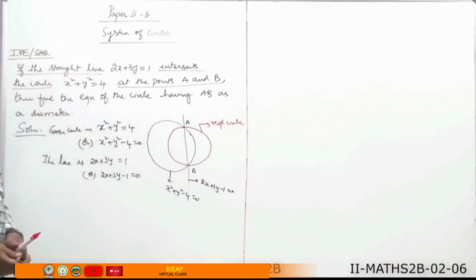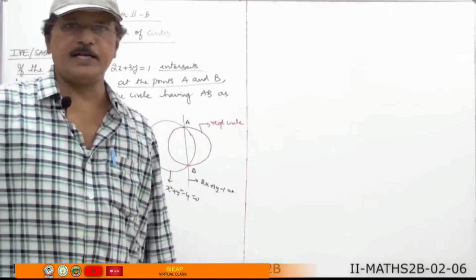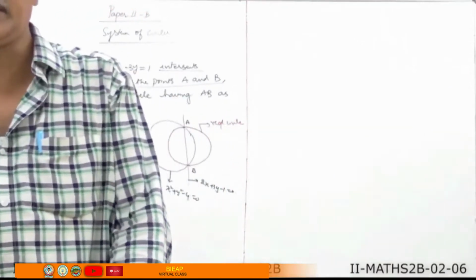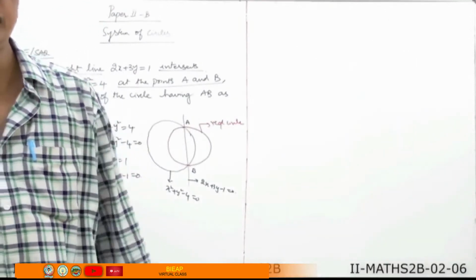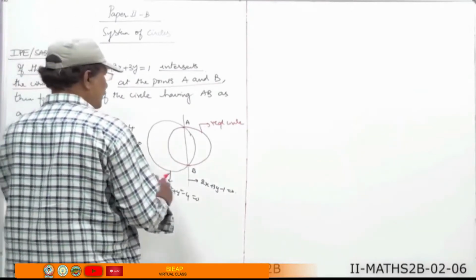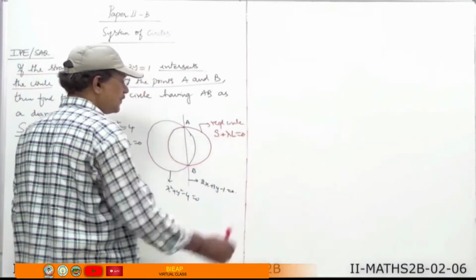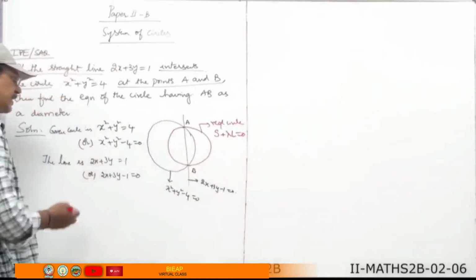In the previous session, we have seen if a circle S is equal to 0 and a line L is equal to 0 intersect at 2 points A and B, then any circle passing through the points of intersection can be taken as S plus lambda L equal to 0, where this S is from the given circle.